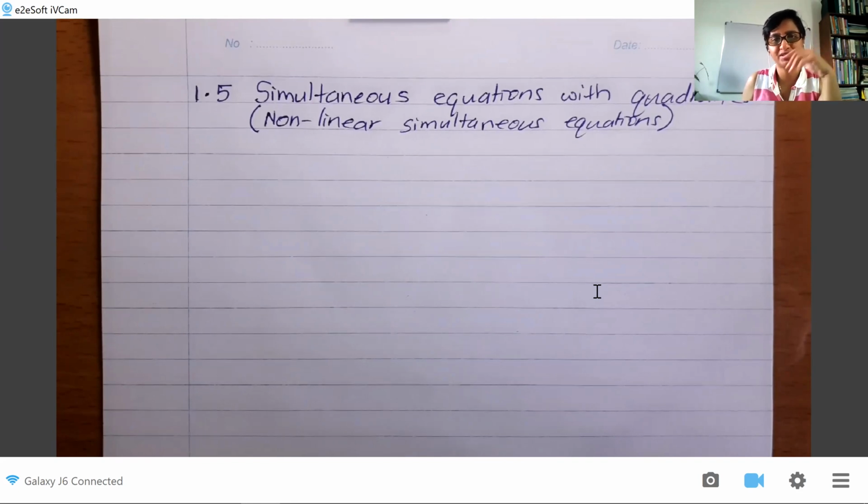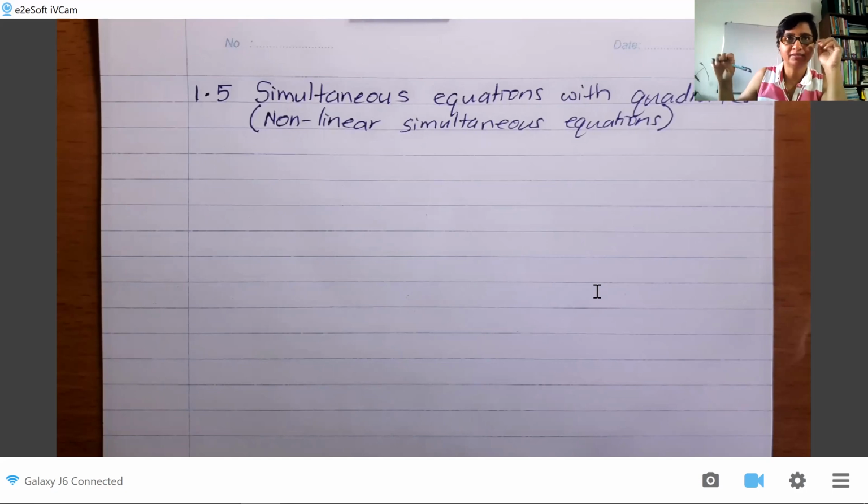It's nothing new. You could have done this by yourselves. What are the 2 methods you have learned to solve linear simultaneous equations?